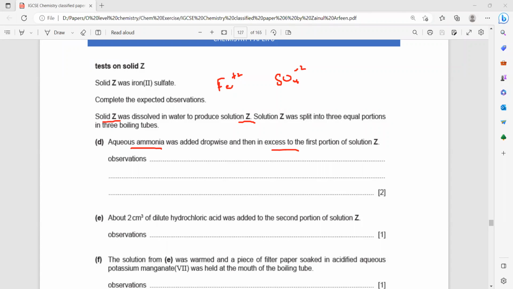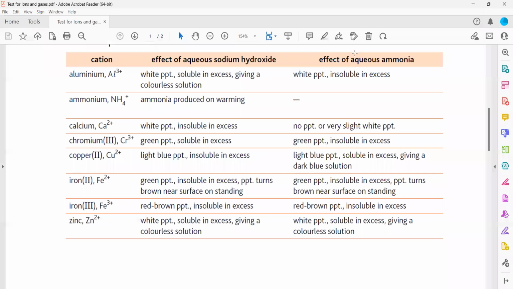So if we have iron(II) ion and we add aqueous ammonia, what is the observation? A green precipitate, which is insoluble in excess.